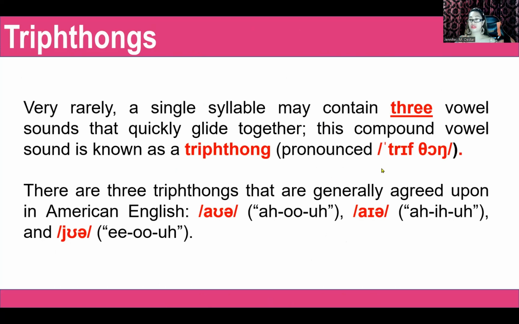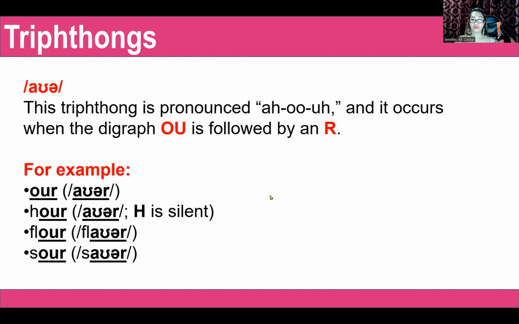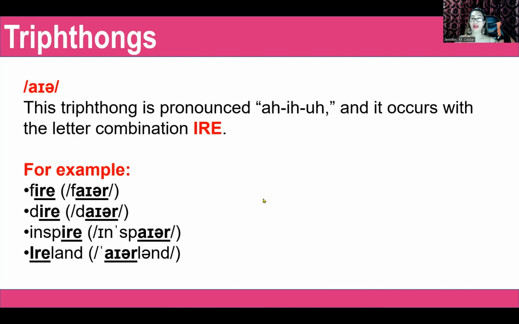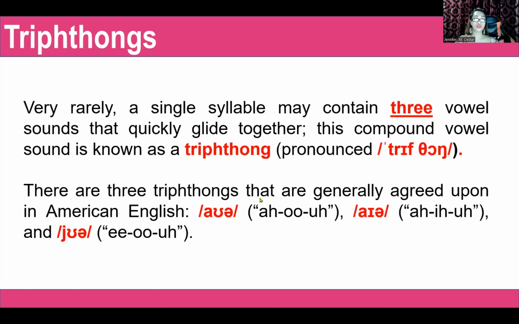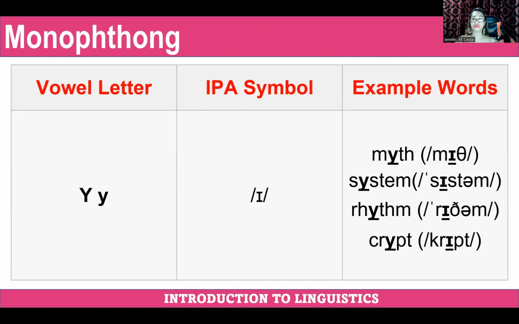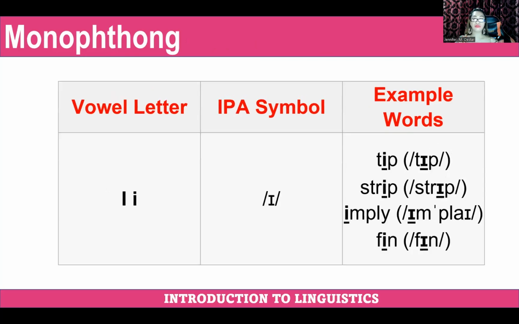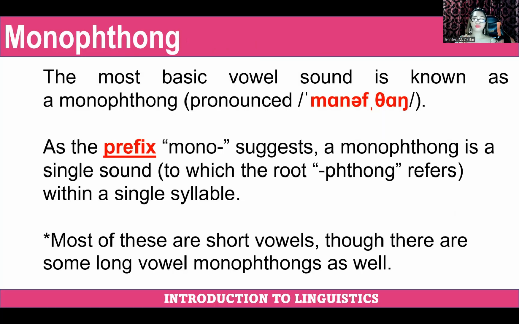We have three. The owl, the I, and the U. And then we also have the monophthongs, simple vowels or the pure vowels.